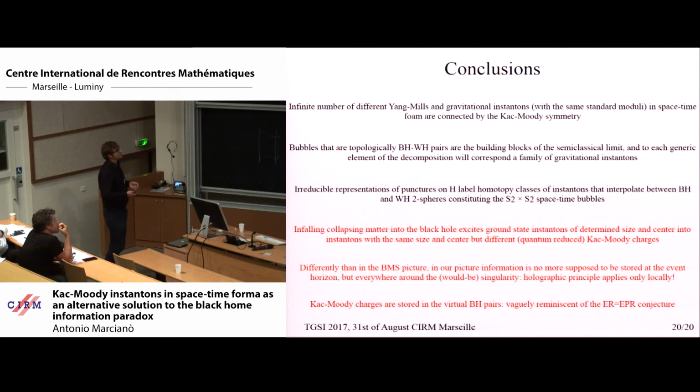In particular, in some cases it has been underlined that ER equal EPR cannot work at the classical level. But of course, here we're doing something at the quantum level, so we consider quantum fluctuations, because there are building blocks here.